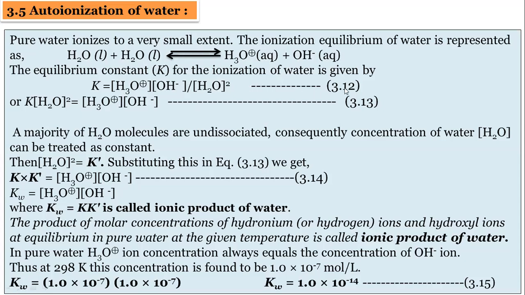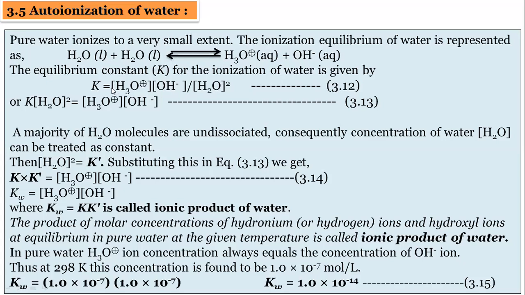This step, equation 3.12, is according to the law of mass action, remember. So what is the law of mass action? It is the product of molar concentration of the products divided by the molar concentration of the reactants. It is already discussed in Ka and Kb expression also.